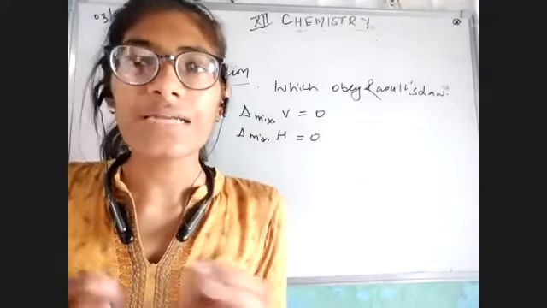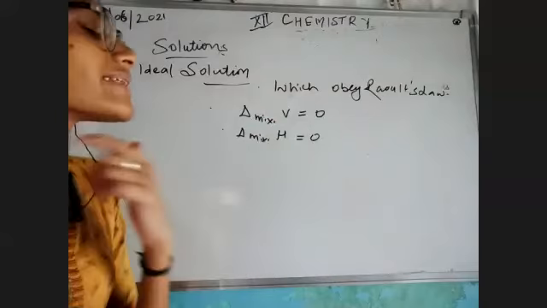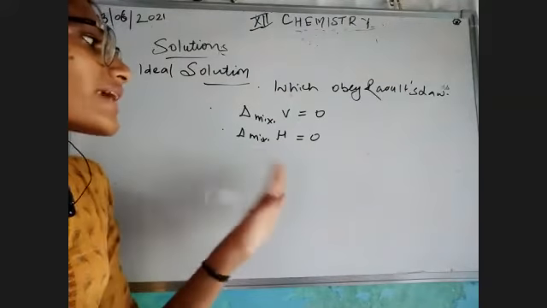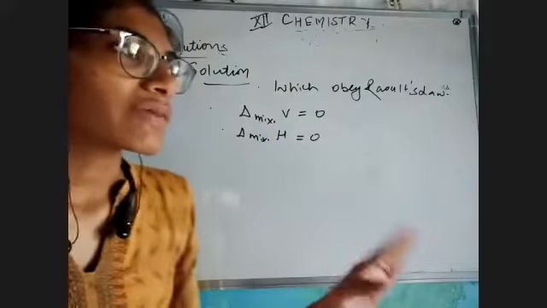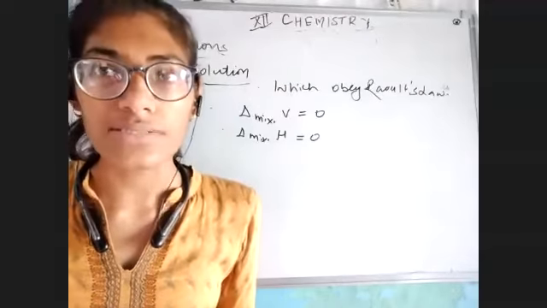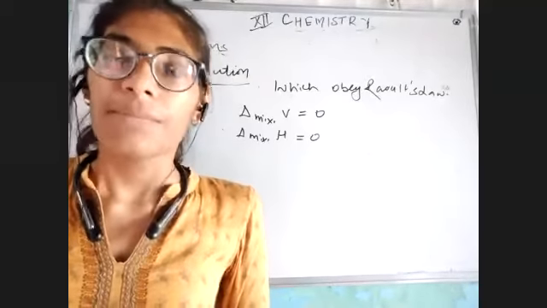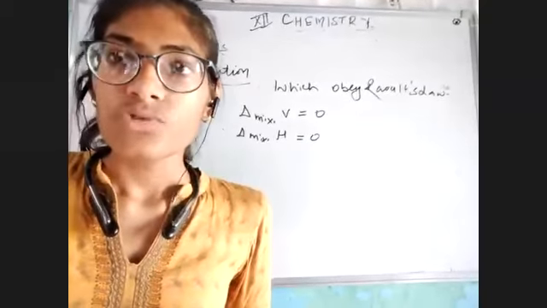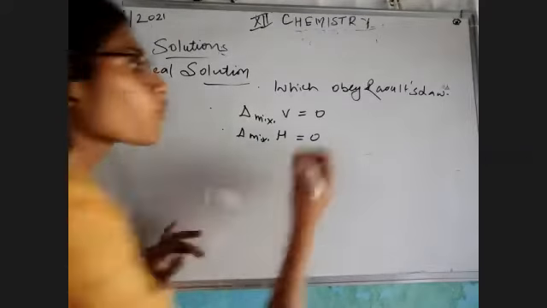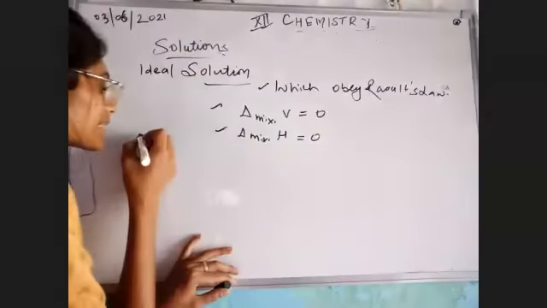But practically this is a little bit impossible, because whether we talk about delta mixing V or delta mixing H, due to some man-made or natural reasons, there is always a difference. So I would like to say that an ideal solution, which follows all these conditions, is a little rare to find.